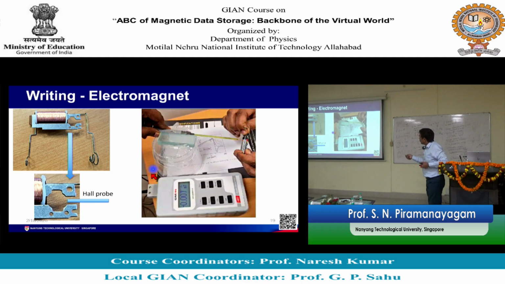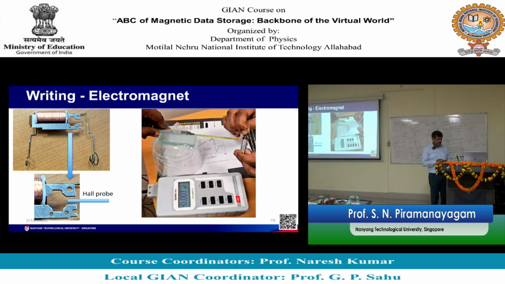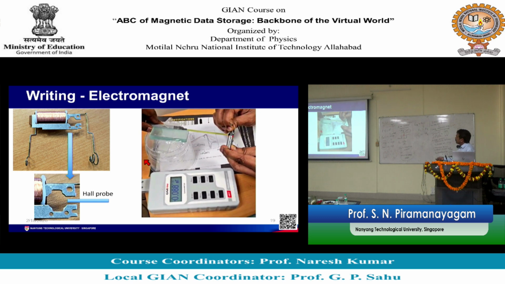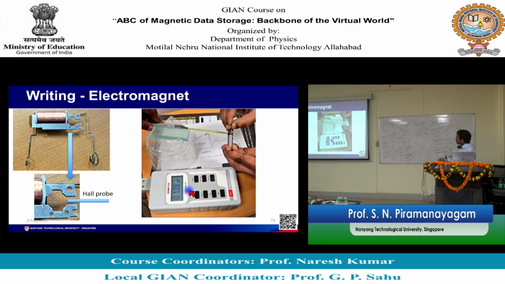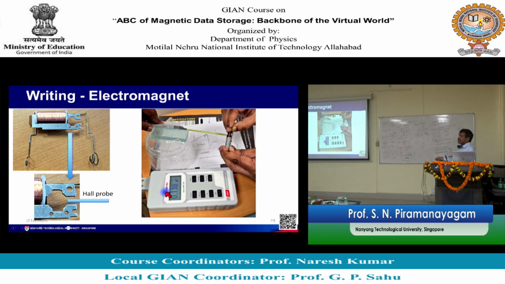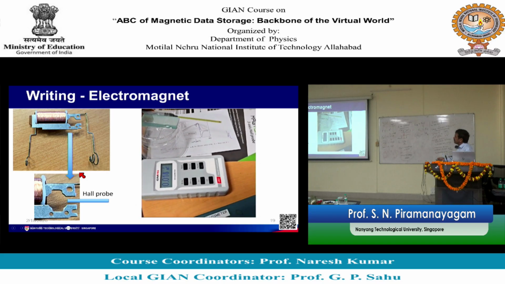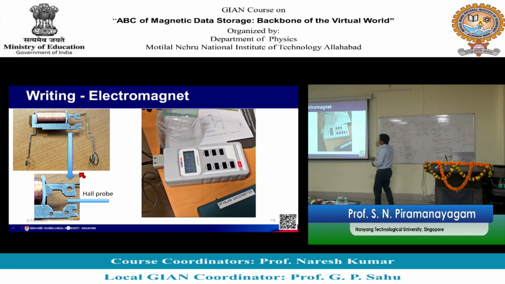Okay, so here there is a video. When I haven't applied power, it's showing 0.007 millitesla, almost 0, but once I apply power, you see it's going to 0.227 millitesla. So once I send a current through this coil, it produces a magnetic field, and in this case, the magnetic field will go from one pole to the other pole.